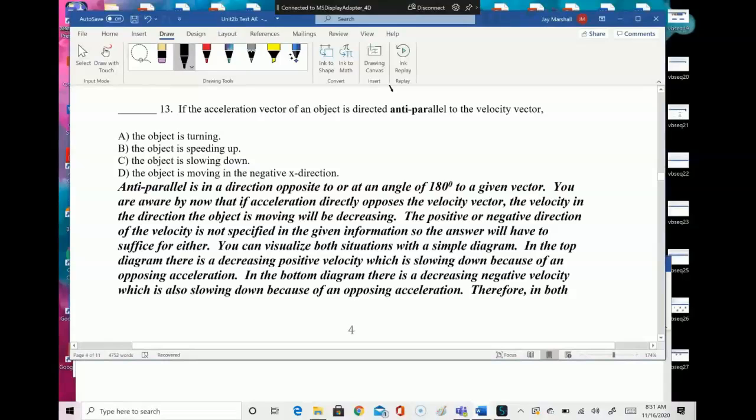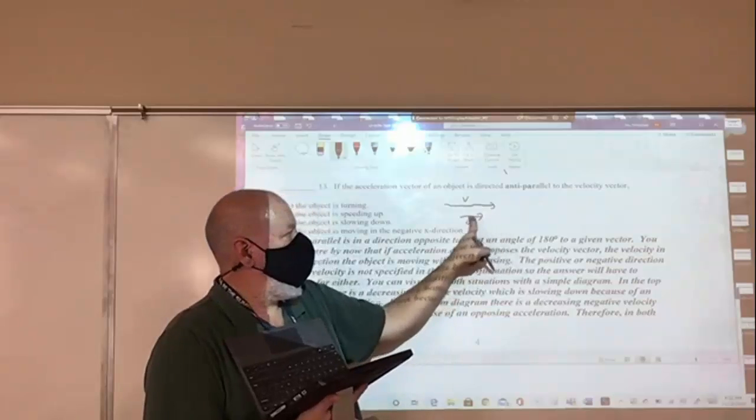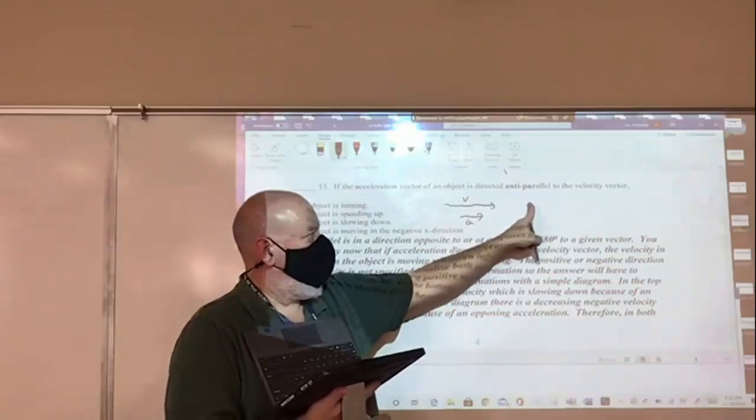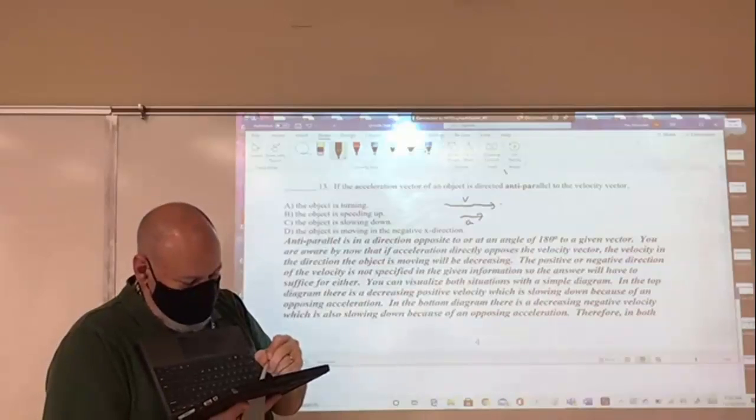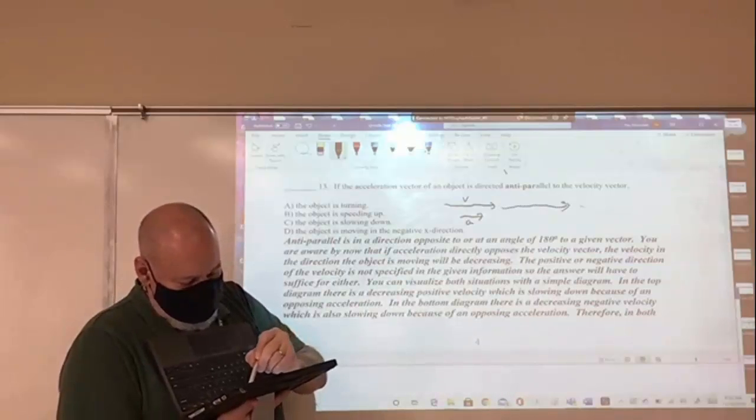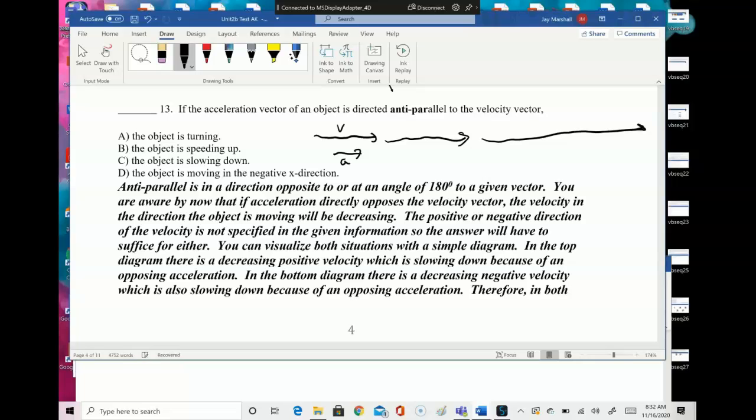If the acceleration vector is directed anti-parallel to the velocity vector... If this was acceleration and this is the velocity at this instant, what would happen to the velocity if I had an acceleration in this direction? It's going to be increasing, right? Okay? It's going to increase.